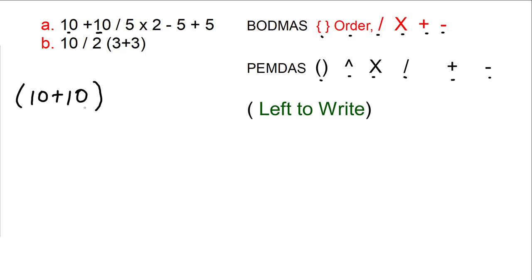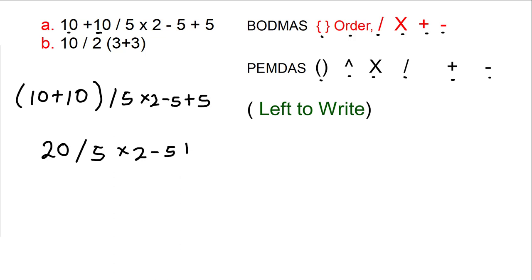Now let's put 10 plus 10 in parentheses. So (10 plus 10) divided by 5 times 2 minus 5 plus 5. Since we have a bracket, we need to evaluate the bracket first. 10 plus 10 is 20 divided by 5 times 2 minus 5 plus 5.